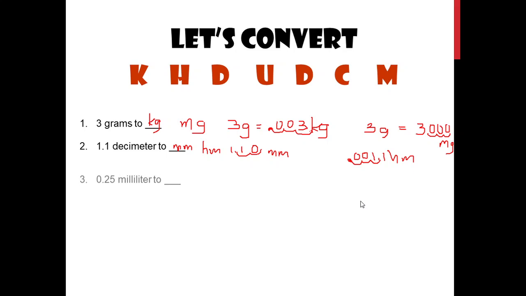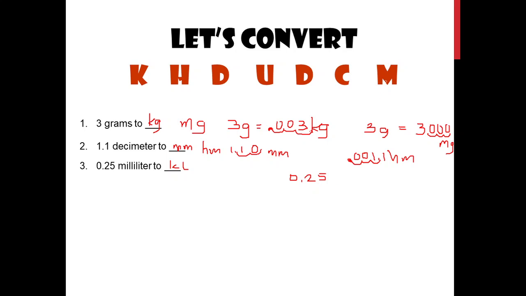Okay, next, I have here 0.25 milliliter. Okay, milliliter. So it's here. So I'll want to convert this one into kiloliter. So how will I convert this one? Milliliter. So it's here, right? So I'll just write 0.25. Okay.